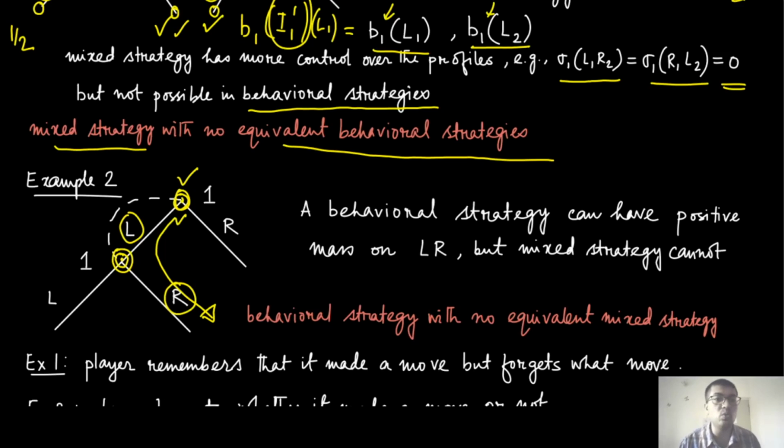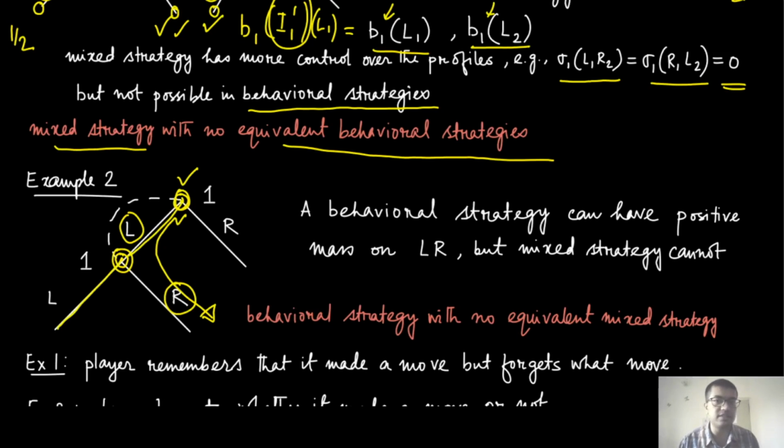Therefore, there is only one set of actions available for player 1, which is L or R. So the mixed strategy should randomize over this L or R, and the moment it plays L, so this is like picking a pure strategy, it also has to play the same action in the second stage, because that is the action that has been chosen.